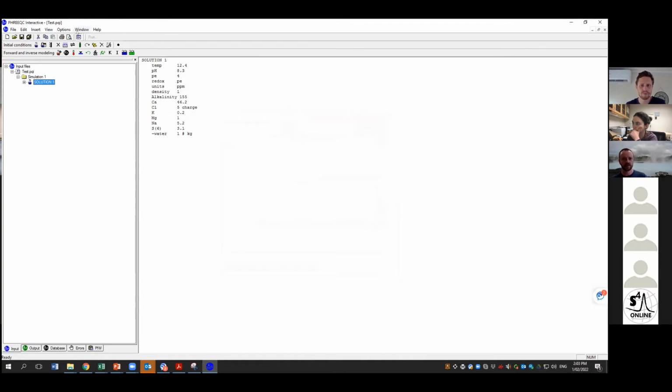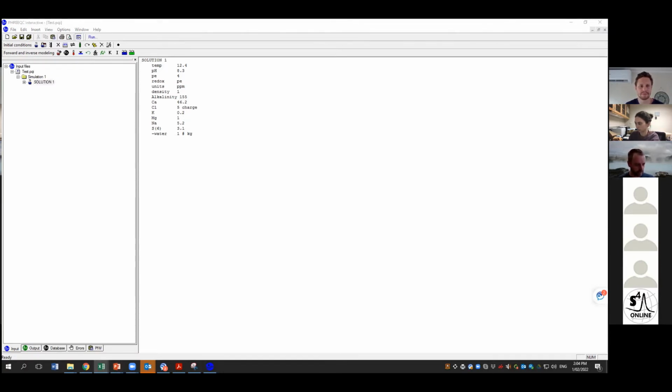Okay, so you'll see that these icons are populated again. They were grayed, and now they're populated. I need that to be able to use the interface, and I'm just going to hover over them and see what the different ones do. So you can see that there's lots of different sorts of chemical reactions that you can simulate, including the incorporation of a gas phase.